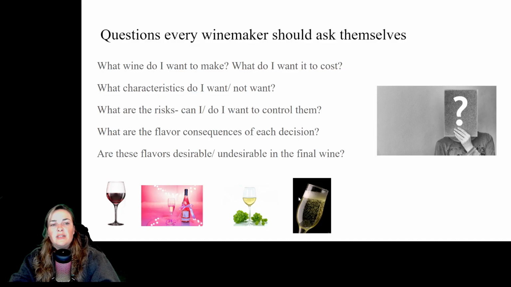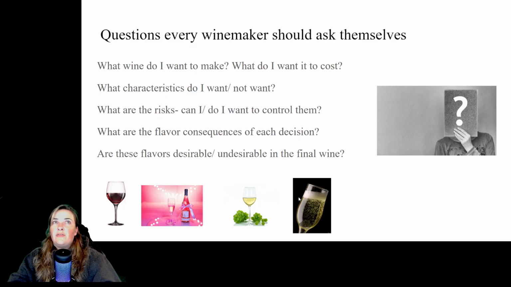Generally speaking, whether it's for a career, commercial, or for personal use at home, you have to ask yourself, what's our plan with this wine? What wine do I want to make? What do I want it to cost? You can buy all this fancy equipment and all these fancy additives, but at the end of the day, what am I willing to spend on this product to make it happen? What characteristics do I want and not want?